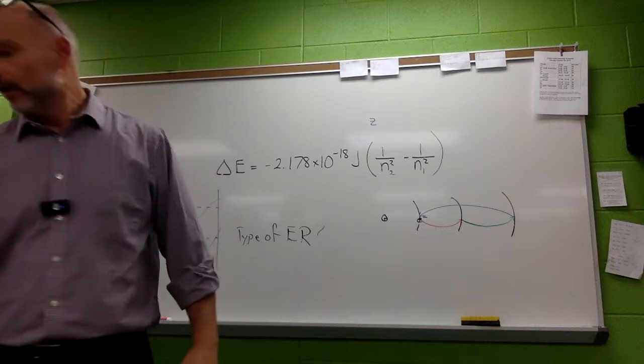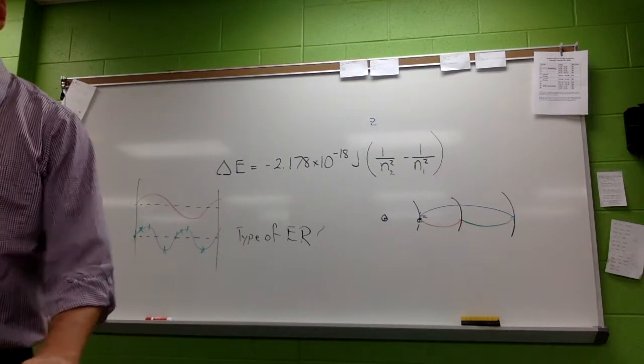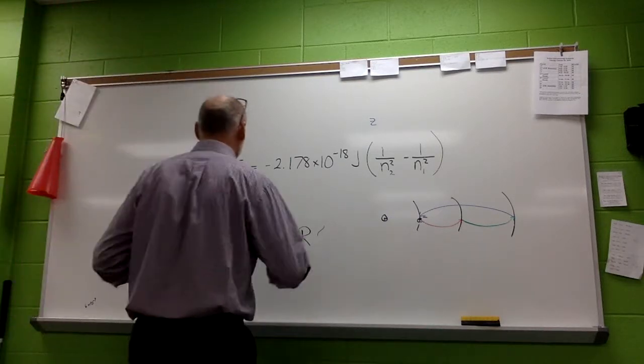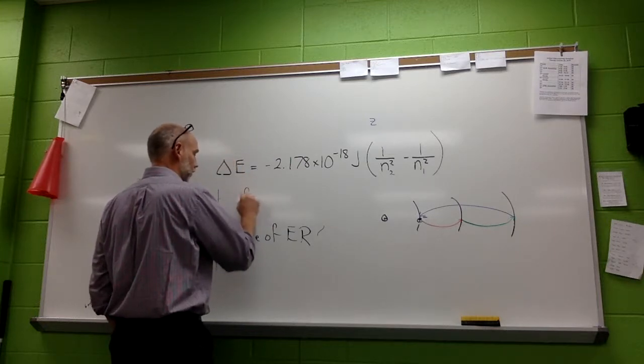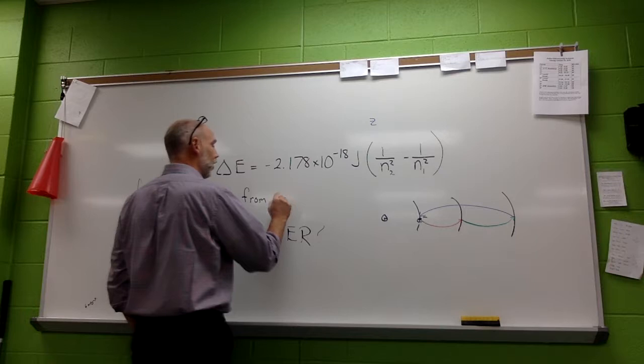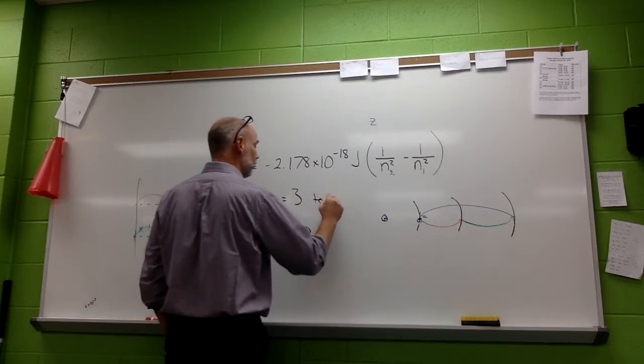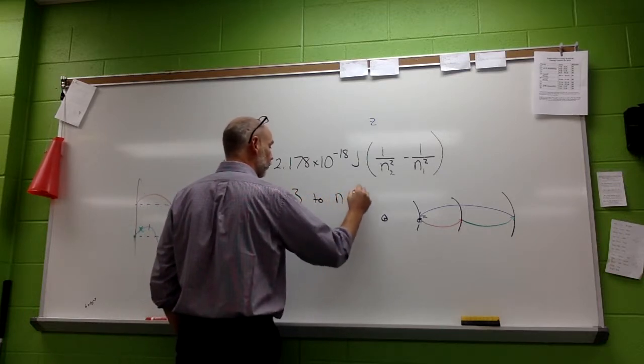Okay, well, with that being said, let's just change it up a little bit for my other group. Let's say we have an electron that went from n equals 3 to n equals 1.